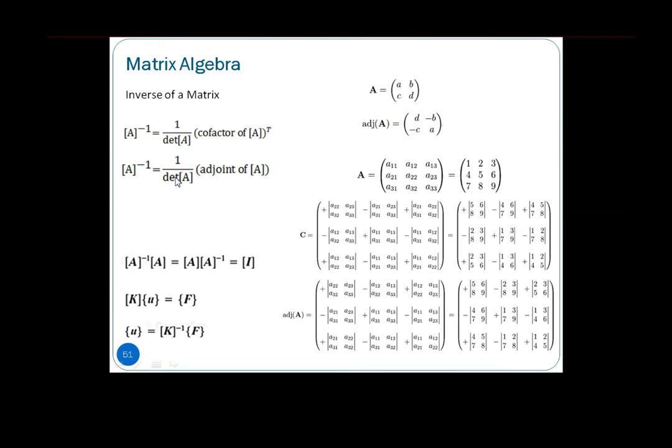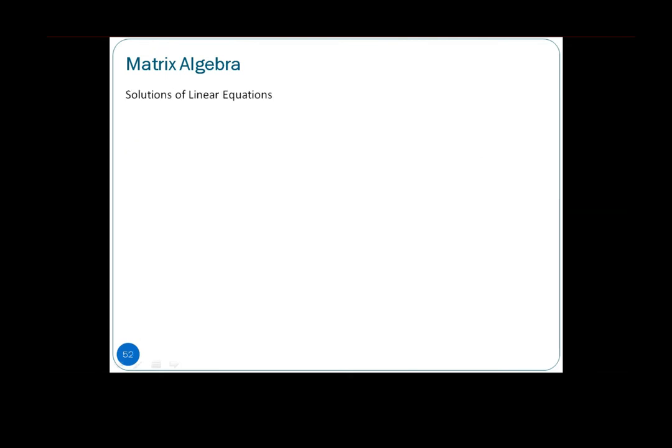All right. So if you have the matrix A, B, C, D, then our adjoint here is D, A, okay, this swap, sorry.